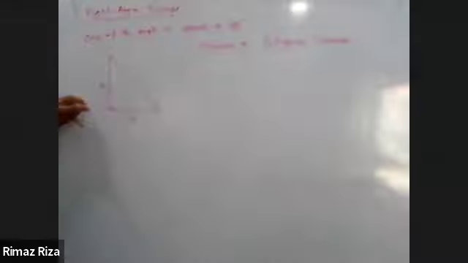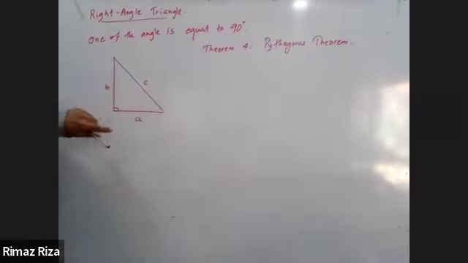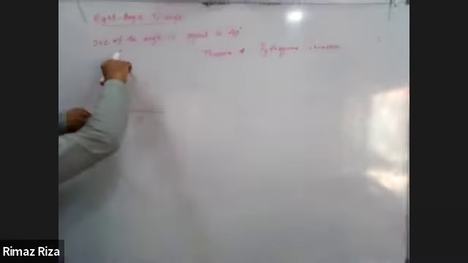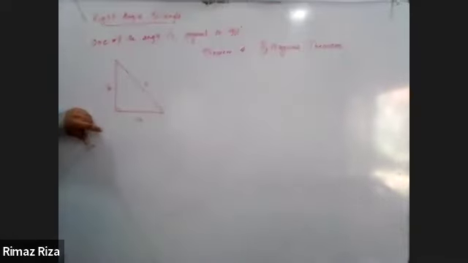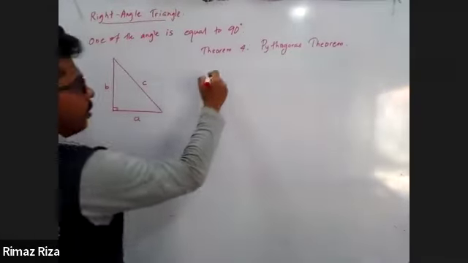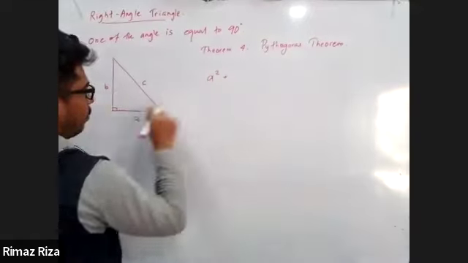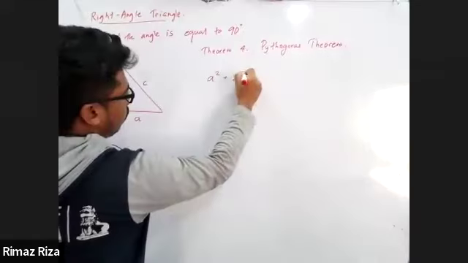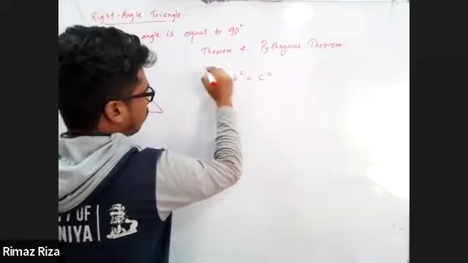The Pythagoras theorem says if you have a right angle triangle, if this length is A and this length B and this C, we can write that A squared plus B squared is equal to hypotenuse squared.